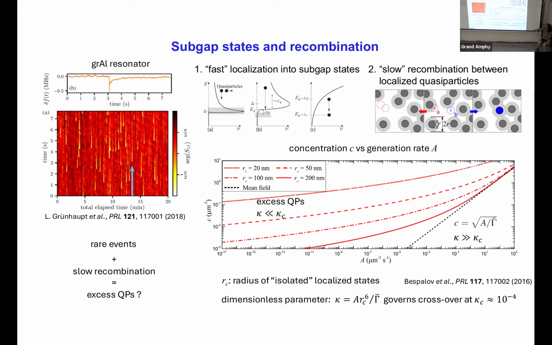Otherwise, if it's far from the other quasi-particle, it's stuck there and cannot recombine, so you get a steady state again, but with many more quasi-particles than you would expect. So this is one possibility. Again, you have this rare generation, but if the quasi-particle localizes, you can get this excess quasi-particle. That's one possible mechanism.